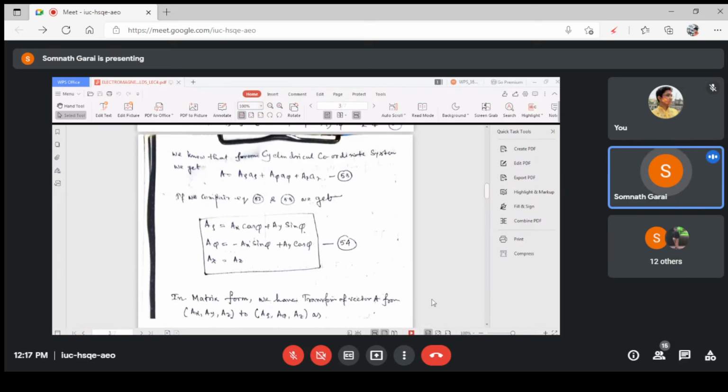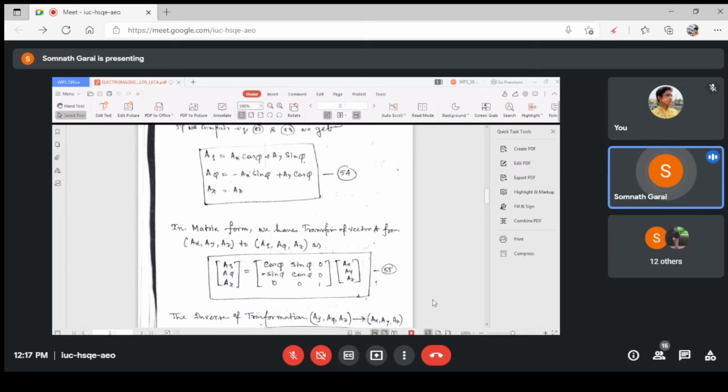Okay, now next is the matrix form of the transformation of the vector from ax, ay, az to a rho, a phi, az.